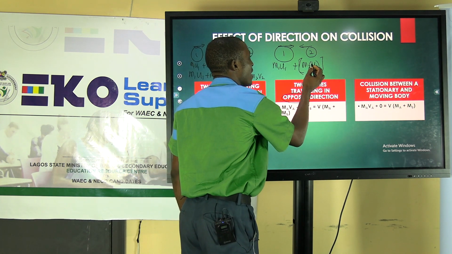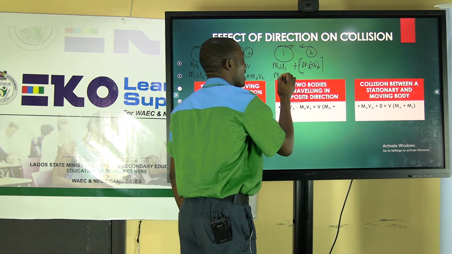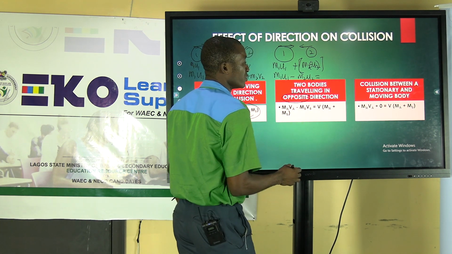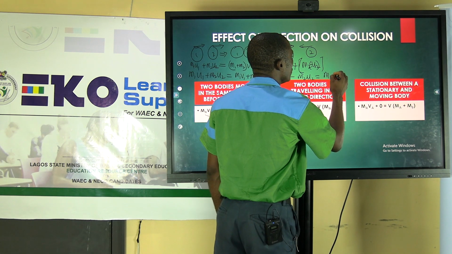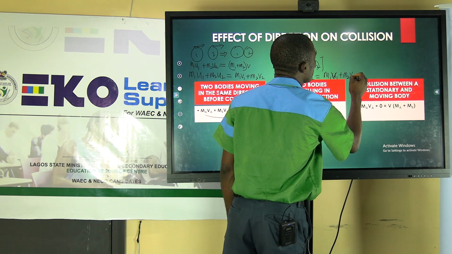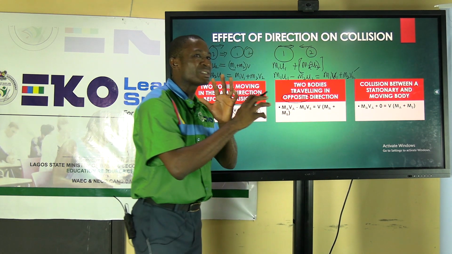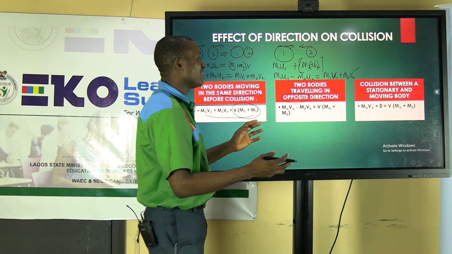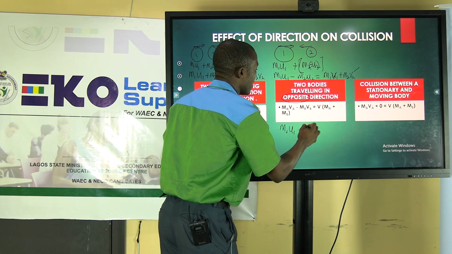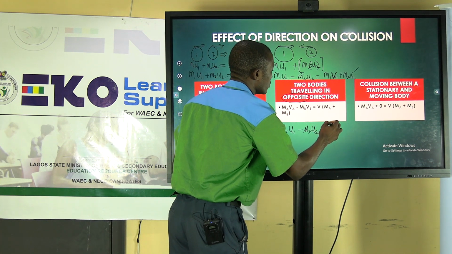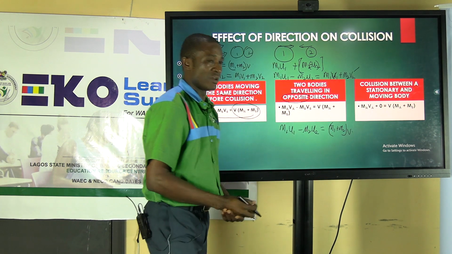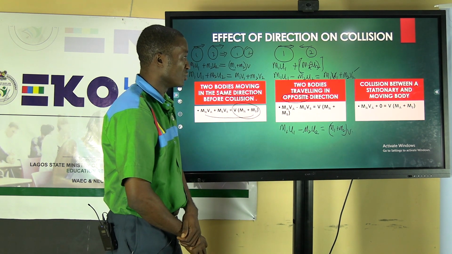So when you now say minus times plus, you now have m1 u1 minus m2 u2, which is equal to m1 v1 plus m2 v2. This is if they don't stick together. But if they stick together, you're going to have m1 u1 minus m2 u2 equals (m1 plus m2) v. They will have the same velocity. That is how it will be.